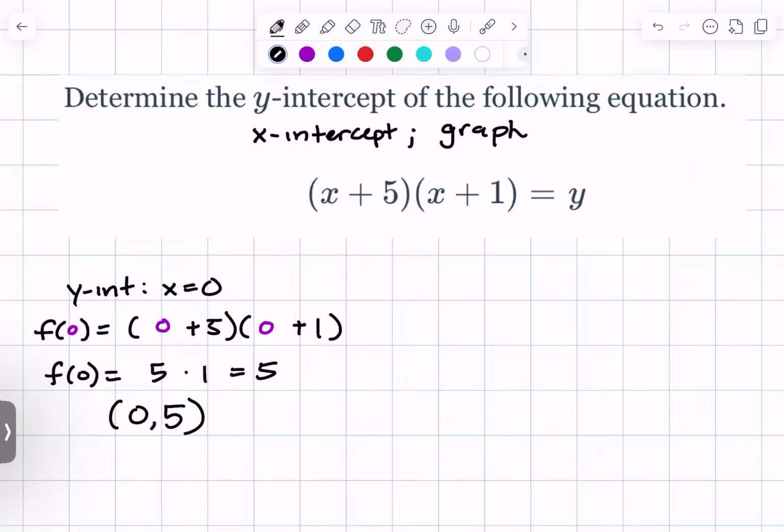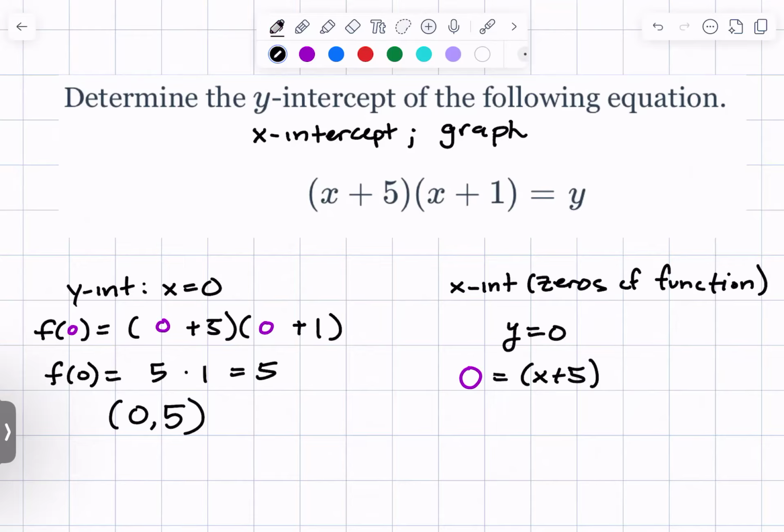To find my x-intercepts or my zeros of the function, okay, we're going to make y equal to 0. So if y is 0, then 0 equals x plus 5 times x plus 1. So x plus 5 equals 0 or x plus 1 equals 0.